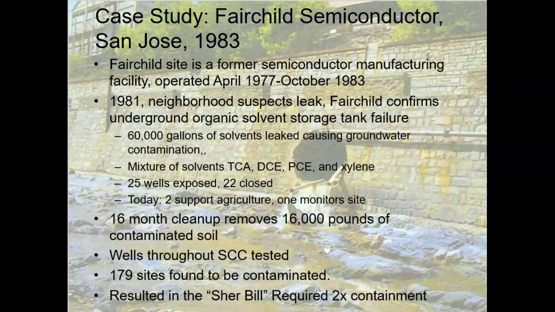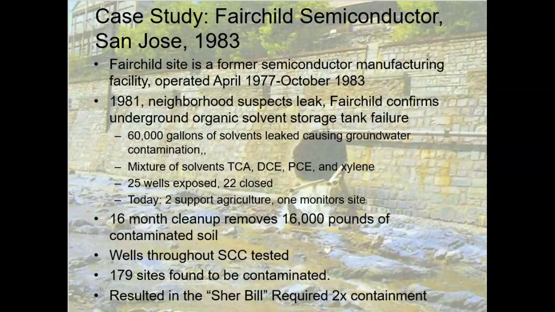and in 1981 there was a woman who suspected a leak because her family and other families had children that had been born with cleft palates. That means that if you put your tongue at the top of your mouth and the top of your mouth isn't there, you have a cleft palate. And the cause of that was thought to have been the chemicals that they were drinking.